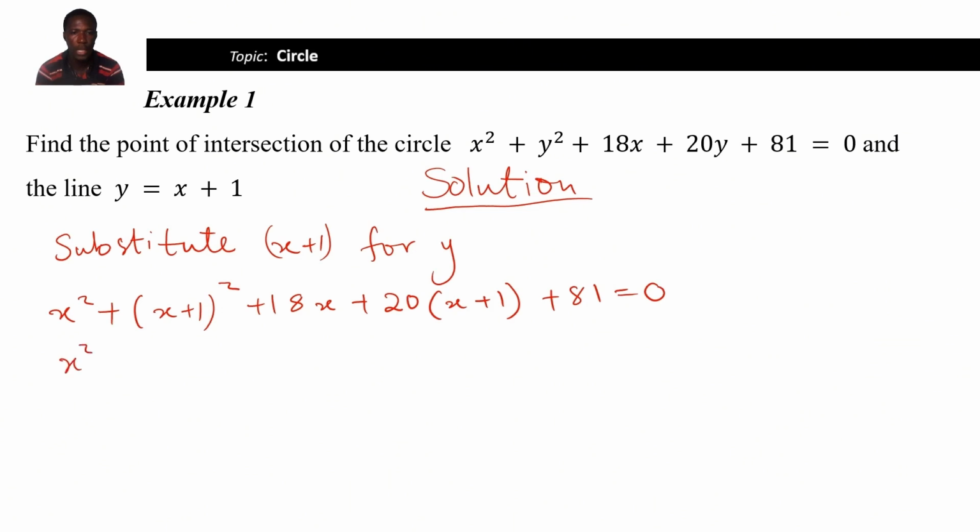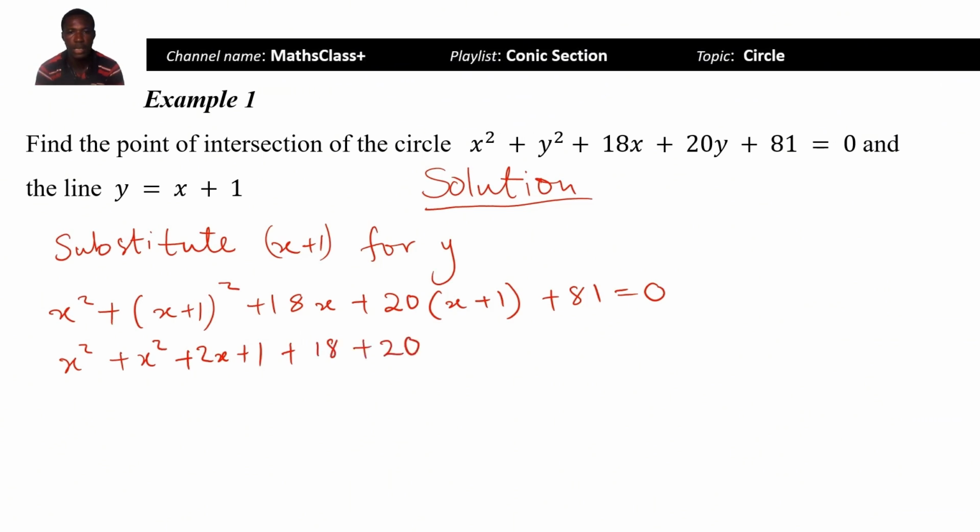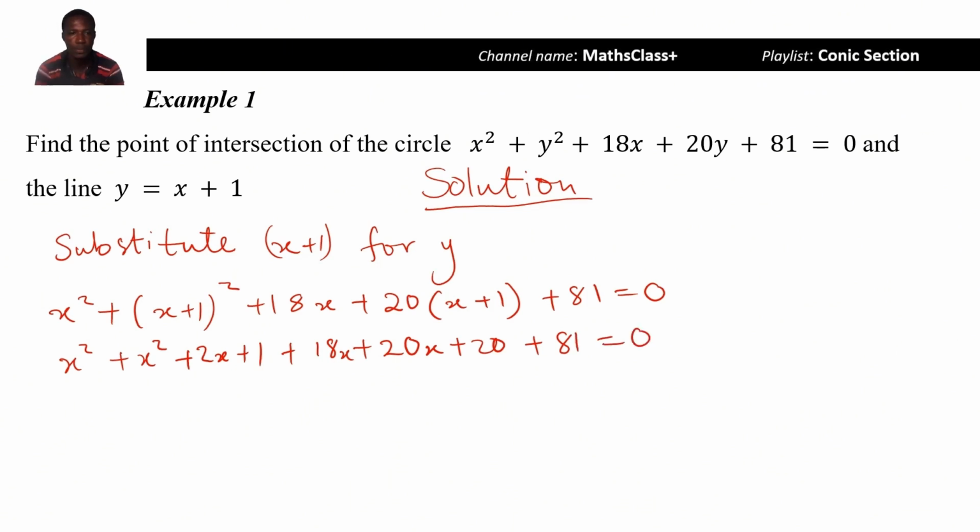So x squared plus x squared plus 2x plus 1 plus 18x plus 20x plus 20 plus 81 is equal to 0.